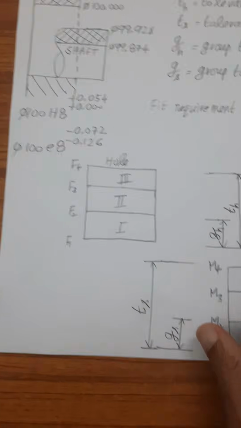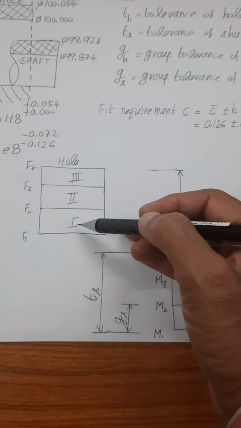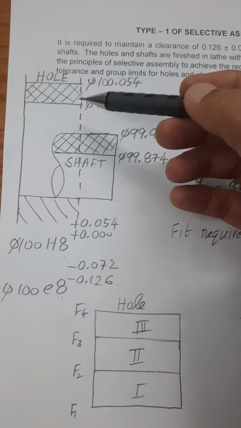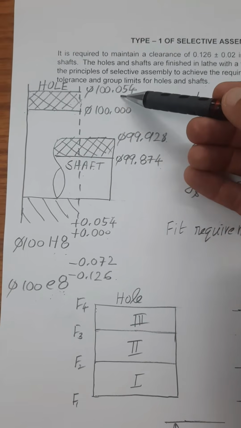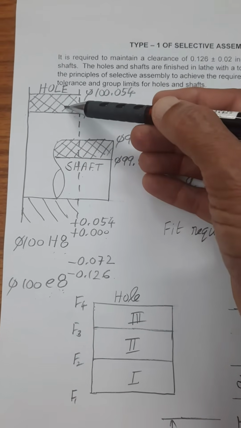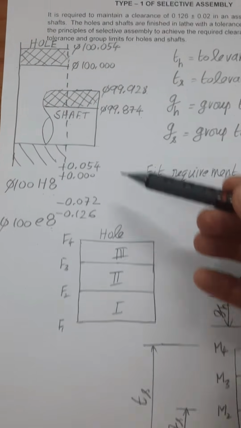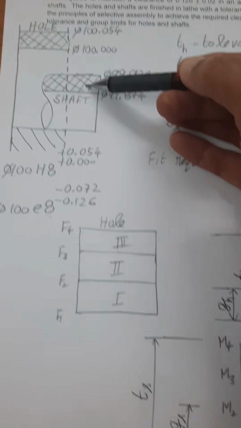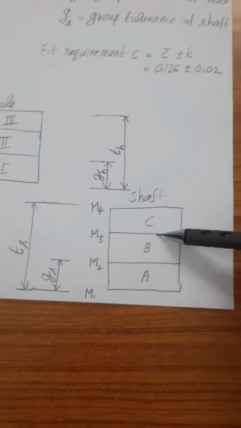For the purpose of achieving the required clearance, I am grouping the hole and shaft. Now this is the hole tolerance, 100.000 to 100.054. So this tolerance zone of the hole is written here separately. Similarly, this tolerance zone of the shaft is shown here enlarged.